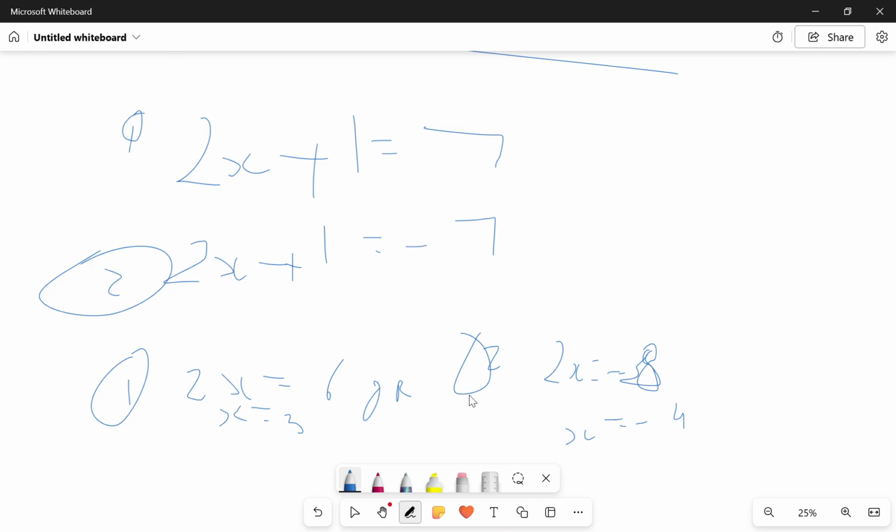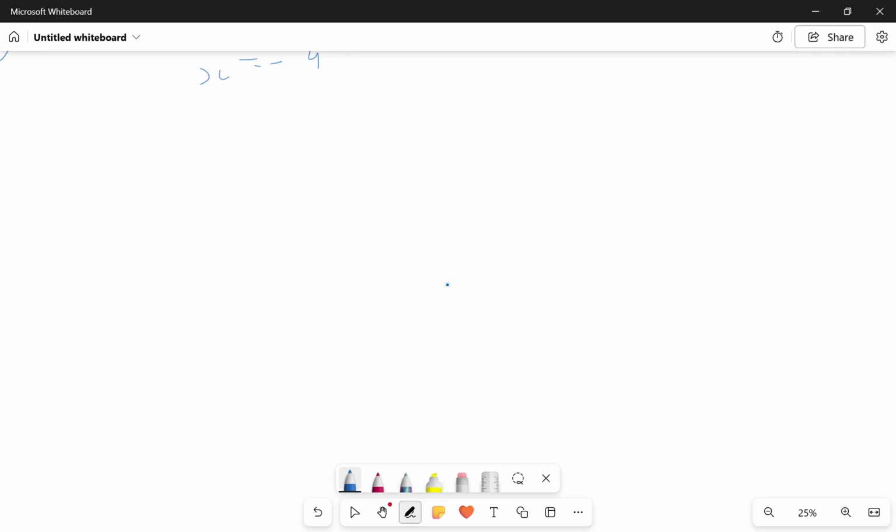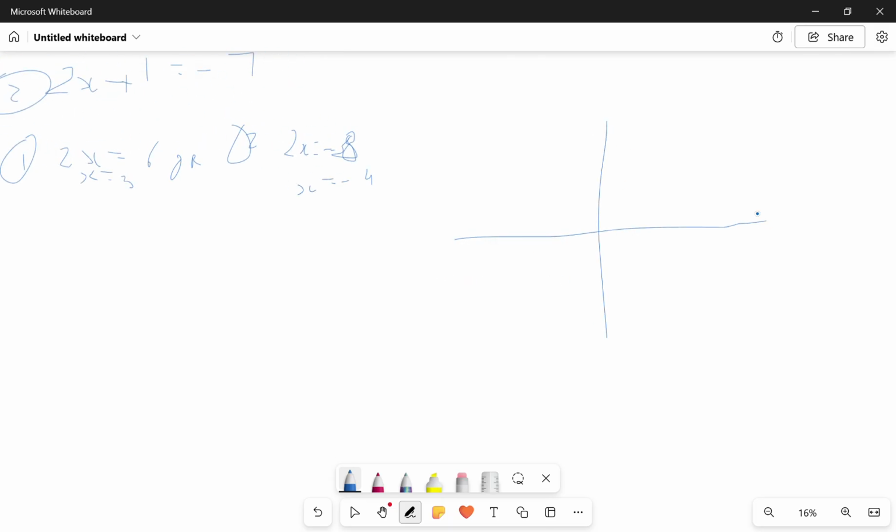And I'll also tell you guys about the graph of an absolute value. For example, if I have y is equal to x, the graph would go like this.